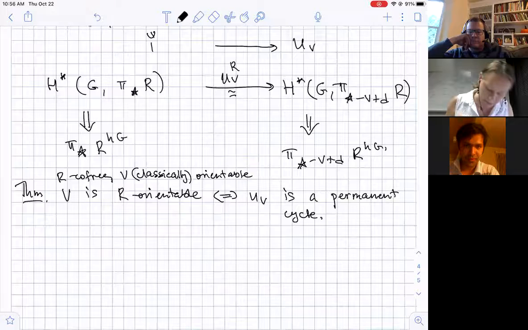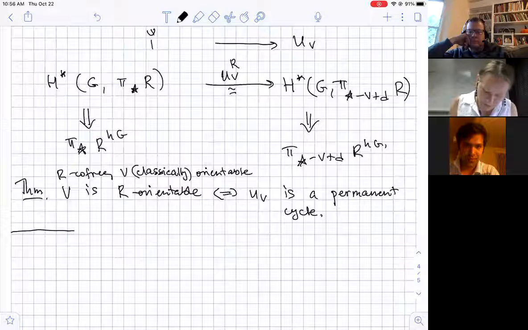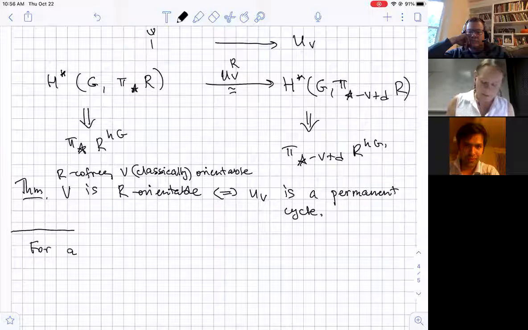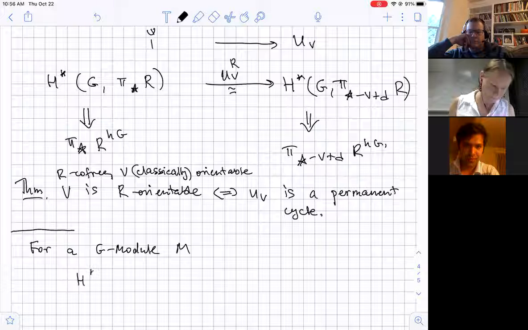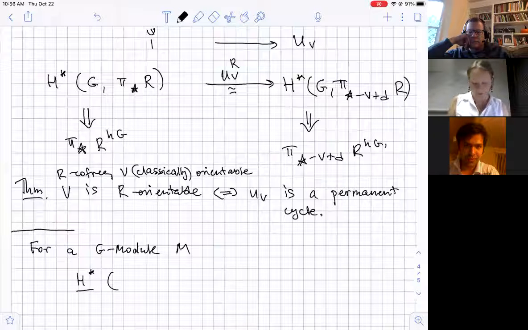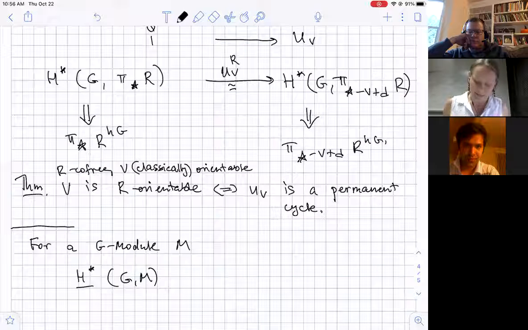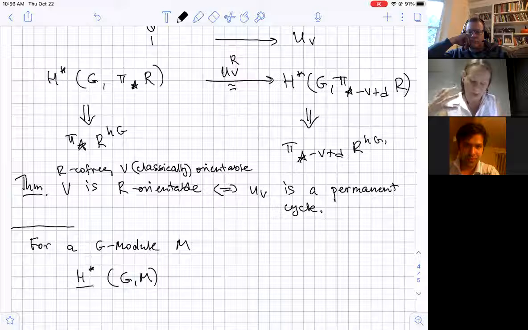So maybe a change of gears for a little. I want to tell you about the spectral sequences that we have. So for a G module M, I want to consider a Mackey functor. This is the group cohomology Mackey functor. If you don't know what that is, it's something that encodes information about group cohomology, not only for G, but also for all its subgroups.